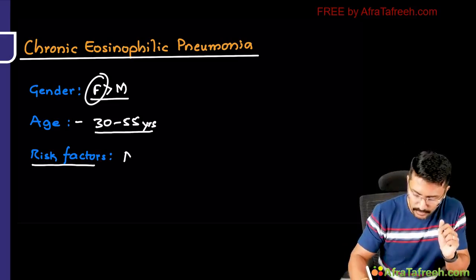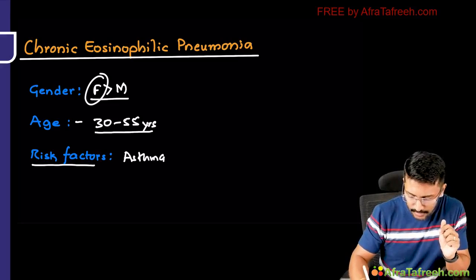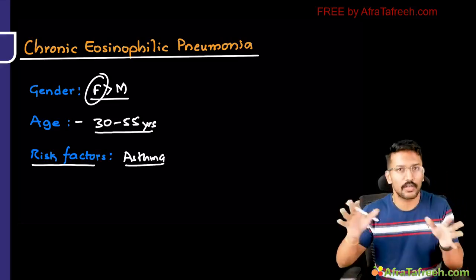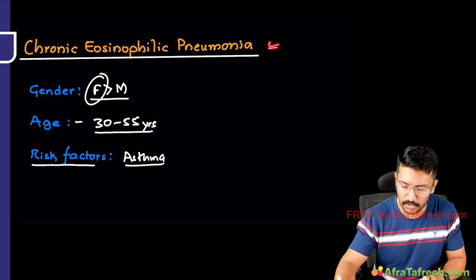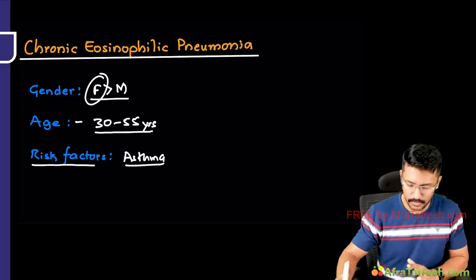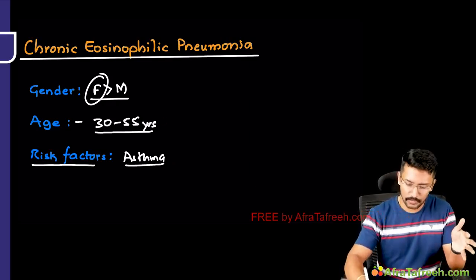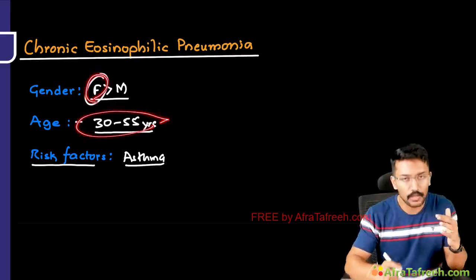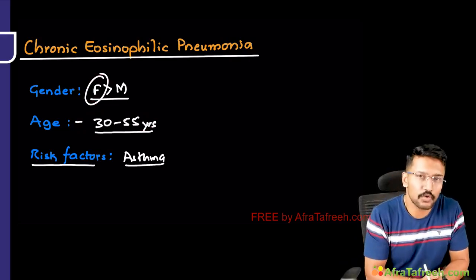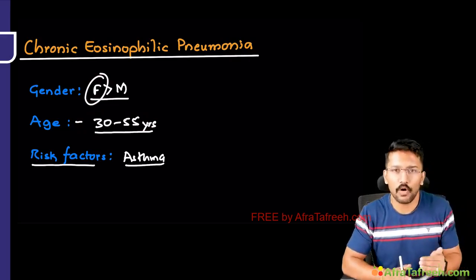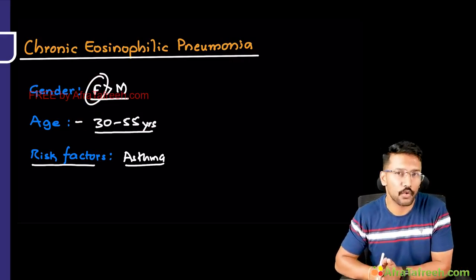Here it is an asthmatic. Most of these patients either get diagnosed as asthma during this presentation with chronic eosinophilic pneumonia, or they are a known case of asthma. So a typical patient of chronic eosinophilic pneumonia is an asthmatic in the age range of 30 to 55 years, mostly female, who presents with subacute to chronic respiratory complaints in the form of cough, dyspnea, night sweats, and low-grade fever.